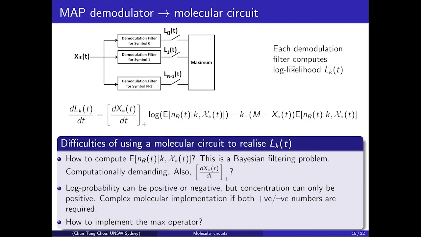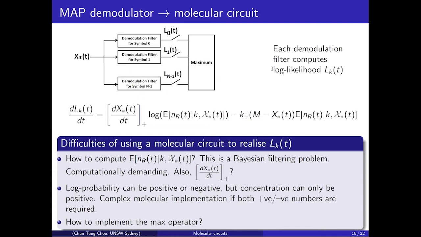Now, what does this backend look like? We can show that this backend looks like a bank of filters, just the same as what you will see in many communications textbooks. That's the signal, the number of bound receptors over time. We can pump it into a number of demodulation filters, one filter for each symbol. And what is this L0(t), L1(t)?